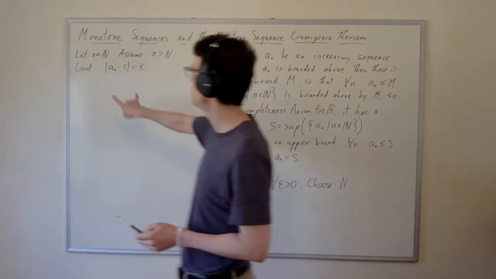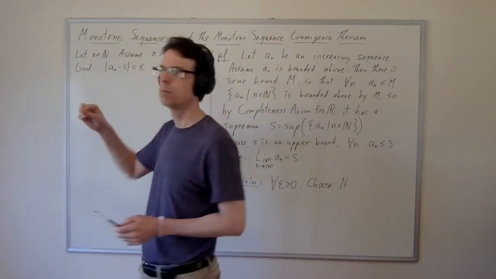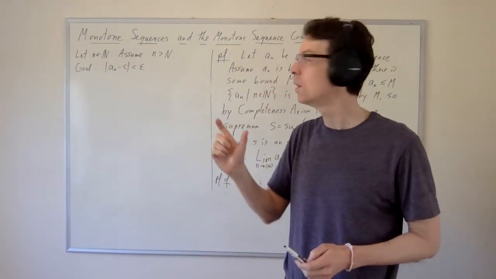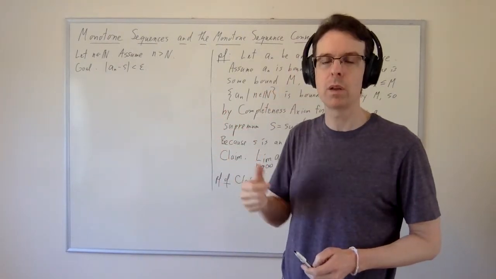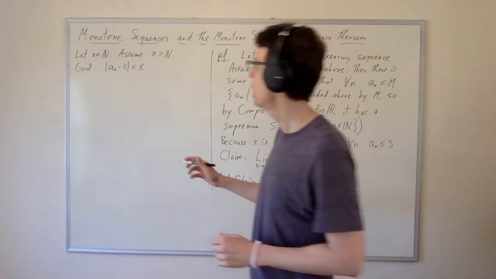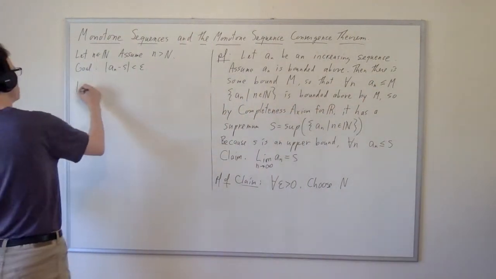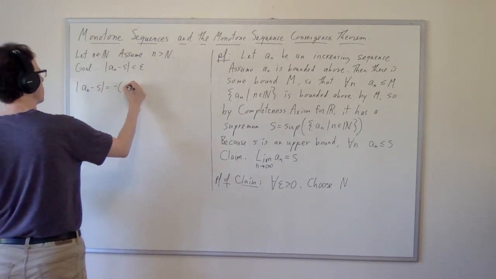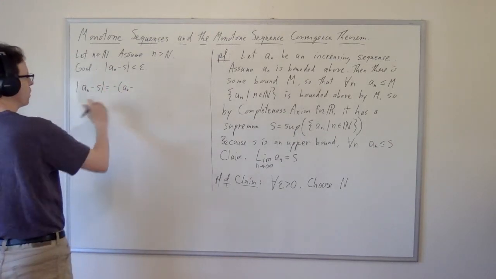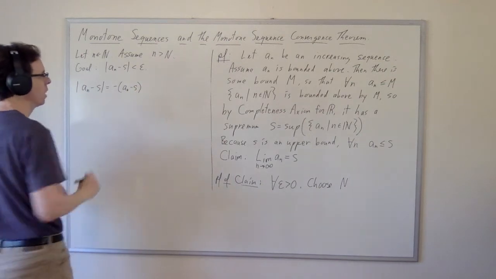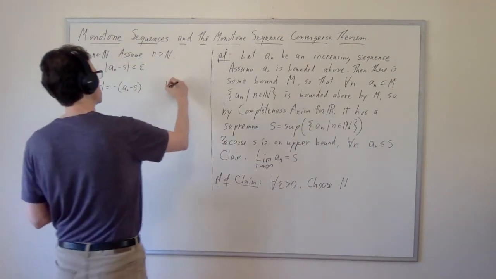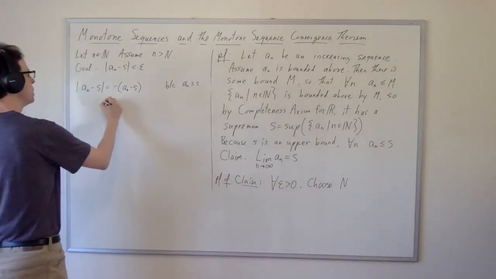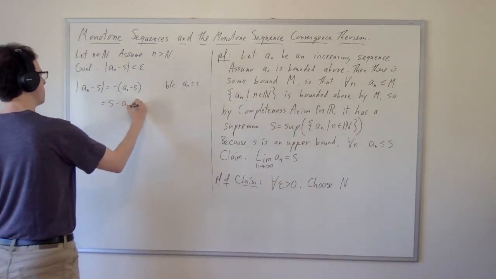And that means that the absolute value here is actually going to do something, because if the inner part is negative or 0, then the absolute value is going to flip that around. So notice the absolute value of an minus s is actually the negative of an minus s, because an is less than or equal to s, which is equal to s minus an.